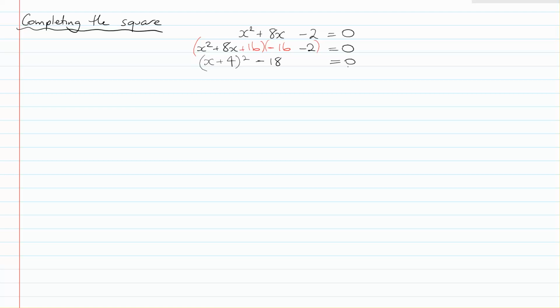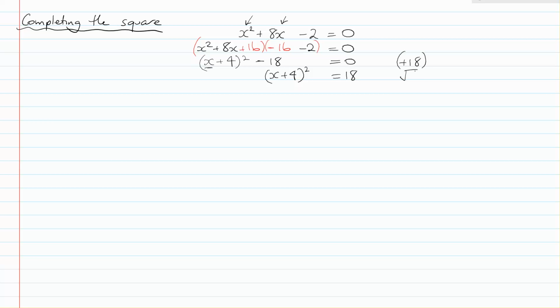Now, unlike before when we had two terms with x in them, which made it really hard to solve, we now have just one x term here. So it's made the equation easier. Now I add 18 to both sides. This gives me (x plus 4) squared equals 18.